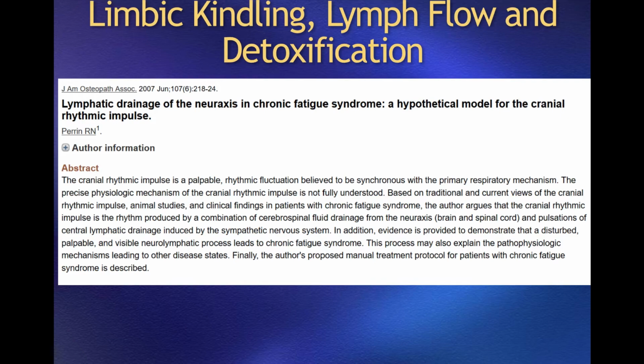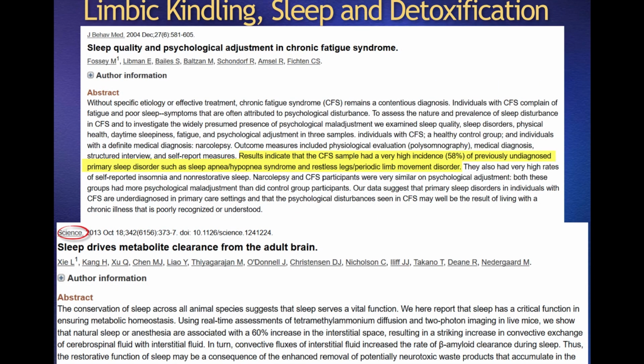So people get a build-up of toxicity around the shoulders, the neck, and so on, and basically cerebral spinal fluid is backing up in the brain and isn't flowing properly. Raymond Perrin's treatment is one of the most popular treatments in the UK, according to a study of 4,000 CFS patients. So bear that in mind.